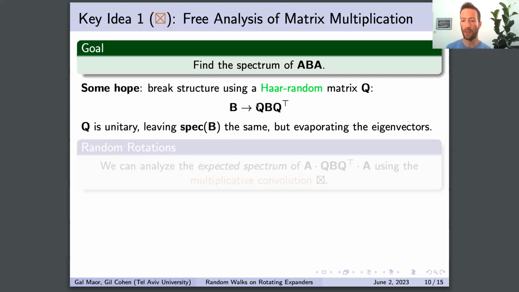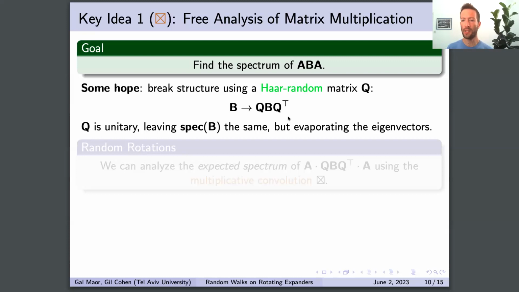Meaning that after this multiplication, B can have any set of orthogonal eigenvectors, all with the same likelihood. It can be thought of as after the multiplication with a random Q, B has the same spectrum, but its eigenvectors are in sort of general position. They haven't been decided yet.